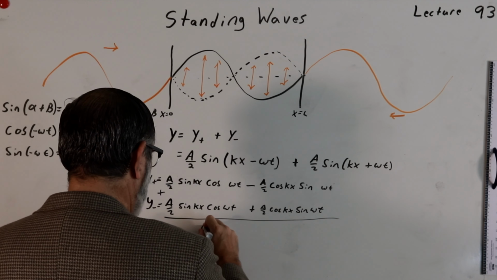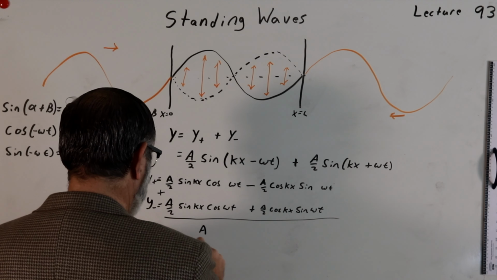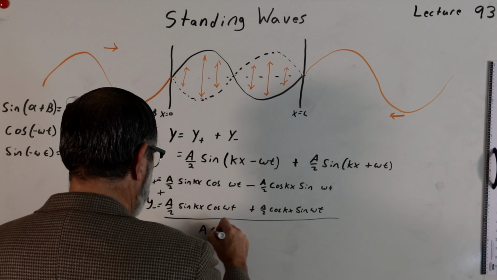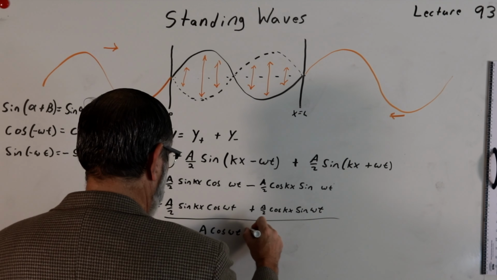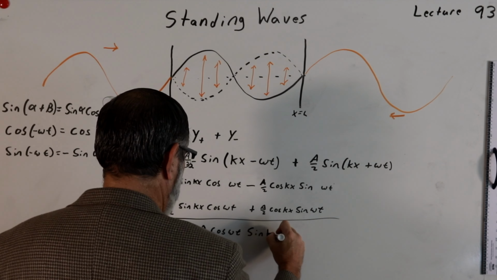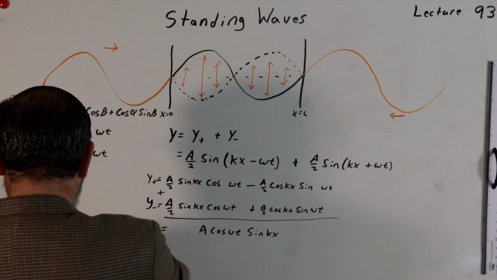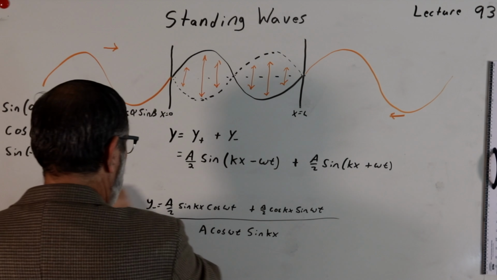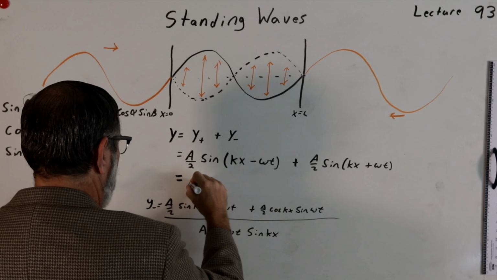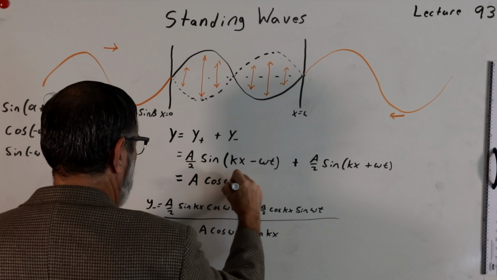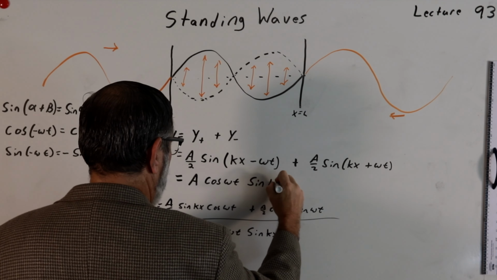That's just equal to a. So we'll write y equals a times the cosine of omega t times the sine of kx. So that means that we can replace this whole thing, right? I'll put it right here, I think, with a times the cosine of omega t times the sine of kx.